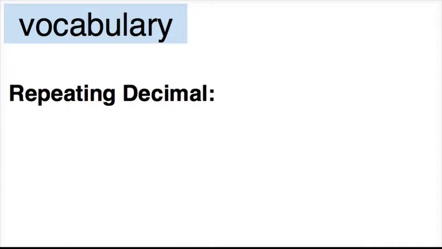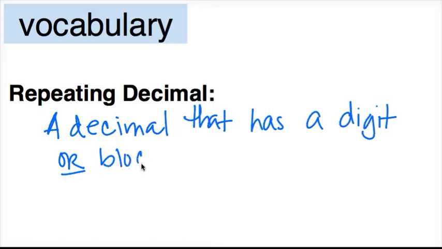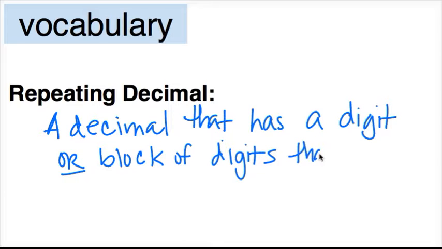Our next type of decimal is a repeating decimal. Most of you have heard of a repeating decimal before. A repeating decimal is a decimal that has a digit or block of digits that repeat.